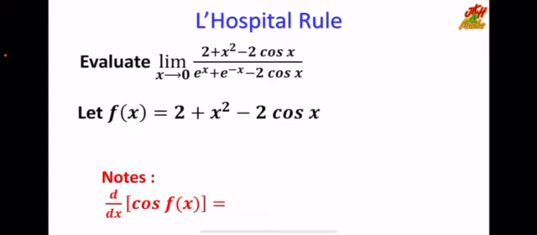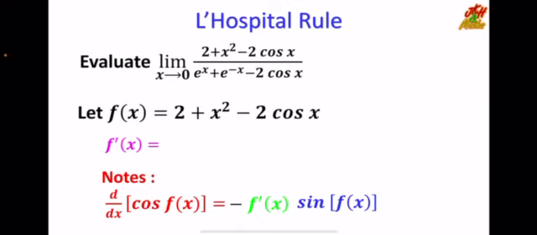When we differentiate cos f(x) with respect to x, we will have negative first derivative of f multiplied with sine f(x). Then we apply this concept in our numerator in order to find the first derivative of f(x).